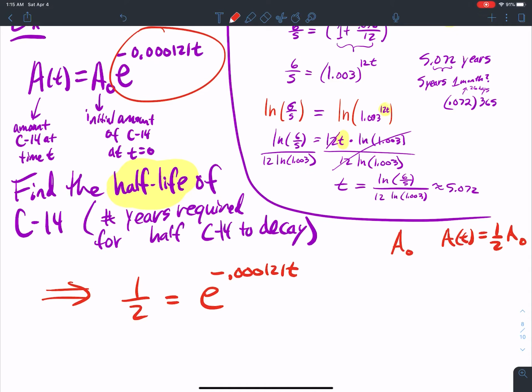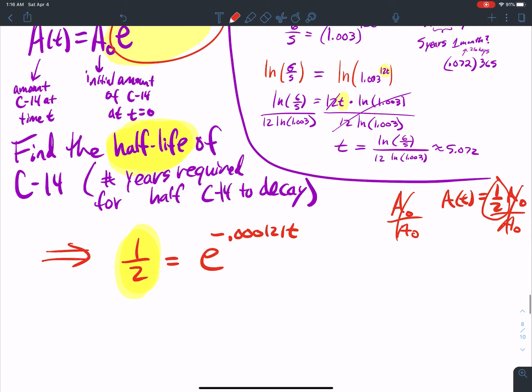So when I divide through by a0 on both sides, I cancel and all I'm left with is 1/2. Okay, we talked about that in another video, but this is just a shortcut here. If I have a half-life problem, I do 1/2 equal to whatever this base is and ignore the initial amount going on here.